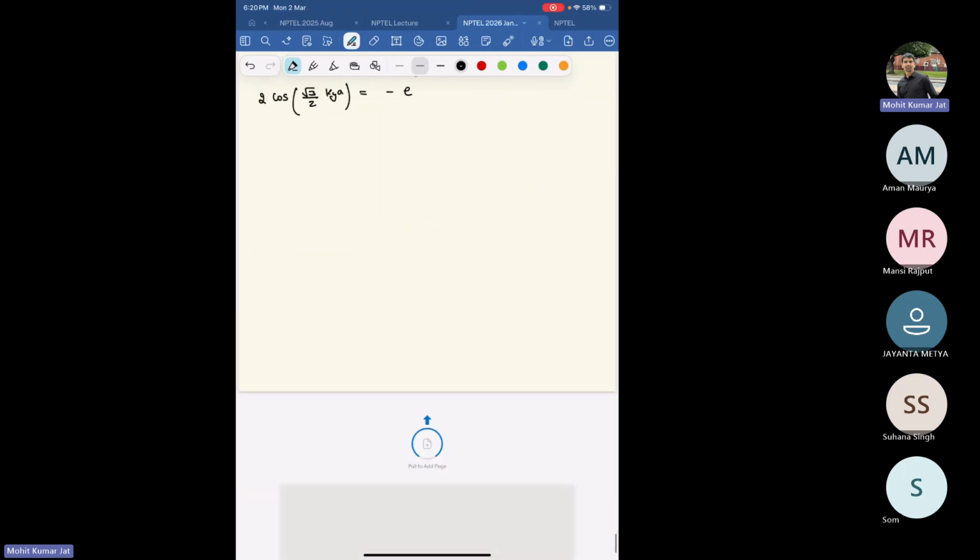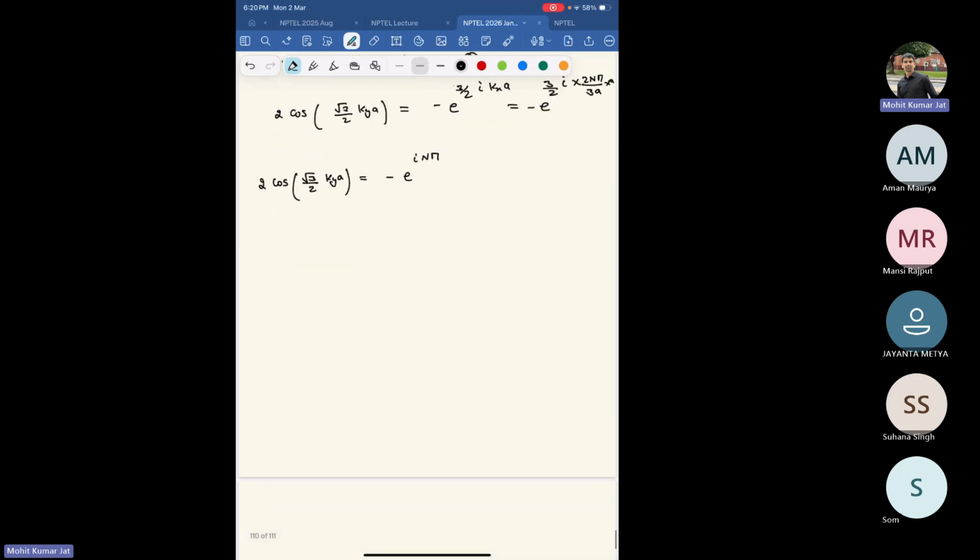Right, now we can write it like 2 cosine of root 3 by 2 kya is equal to minus cosine n pi plus iota sine n pi.